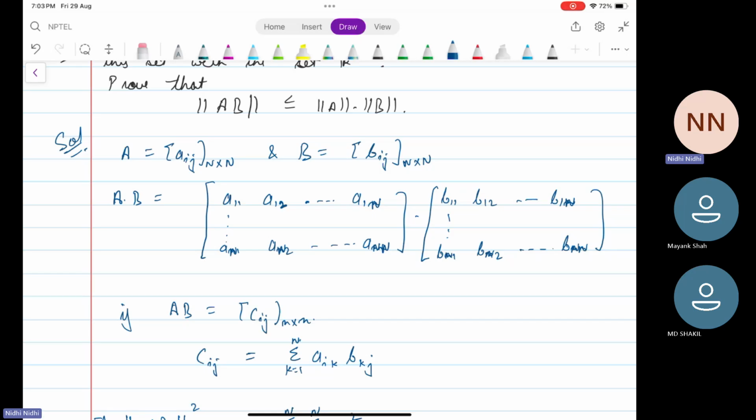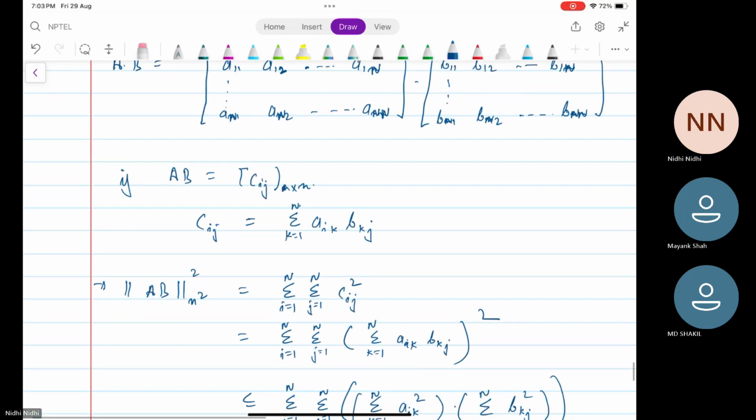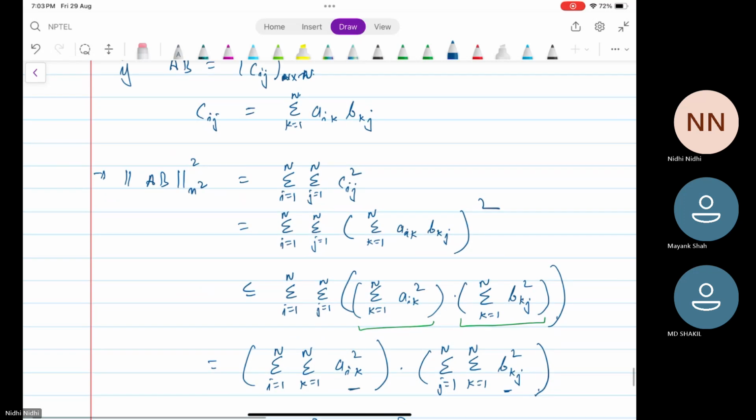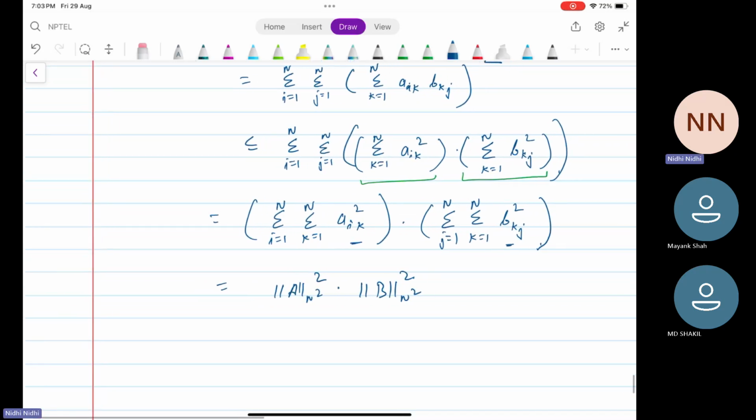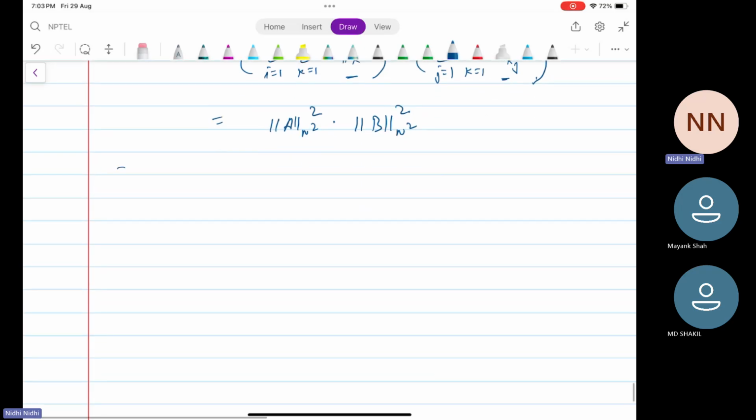You can take either small n or capital N. Taking square root on both sides, we get norm AB is less than or equal to norm A times norm B.